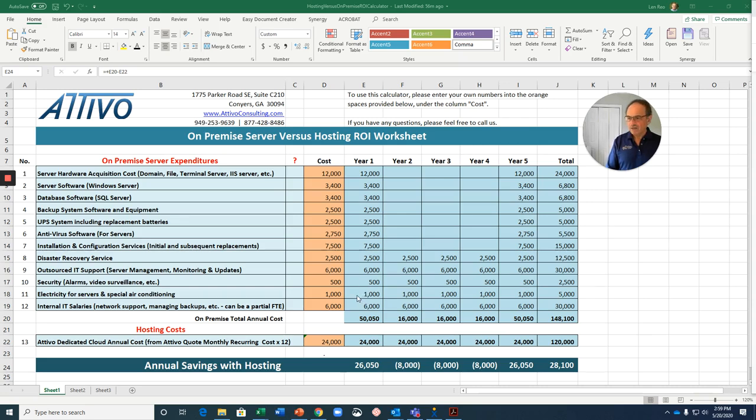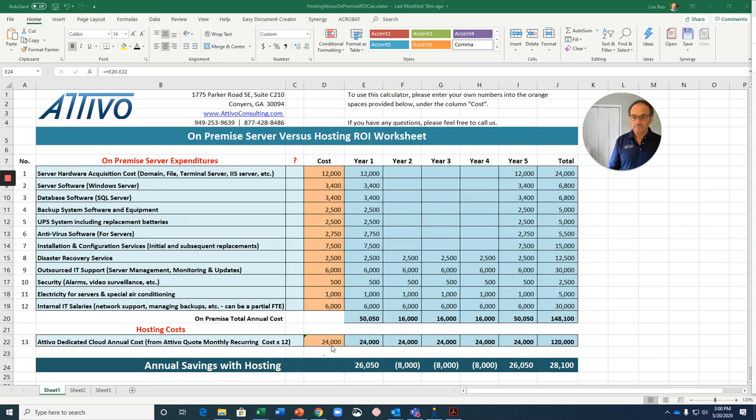There's an argument, pro and con, for plugging in a cost for electricity, but there is a cost. And then there's usually someone internal, whether it's just handling backups or doing some of the minor IT network support, that is spending part of their salary supporting your internal network. So some kind of calculation for a full-time equivalent can be plugged in there.